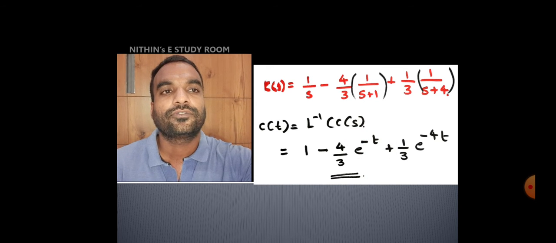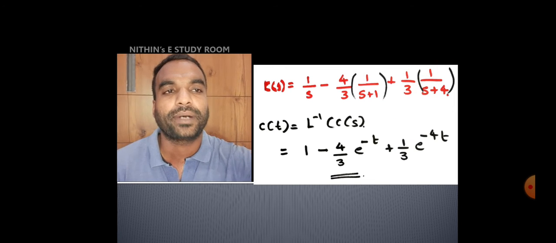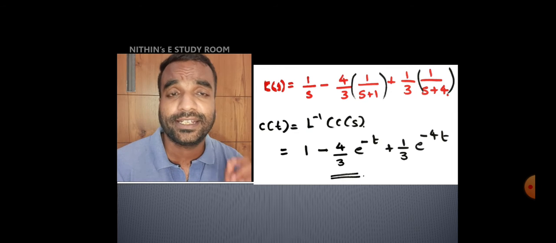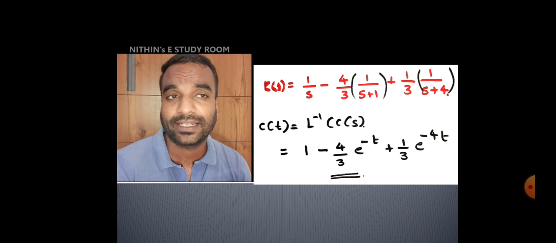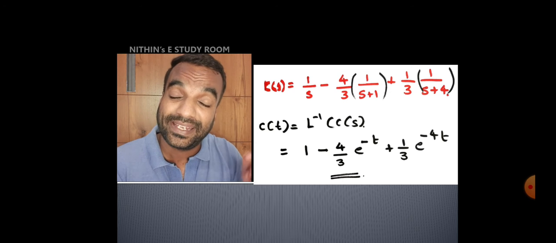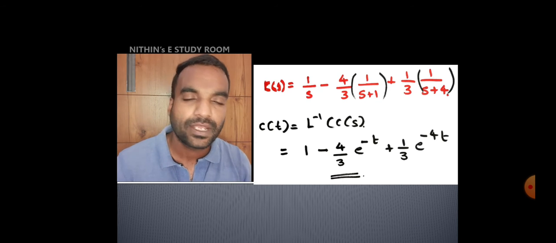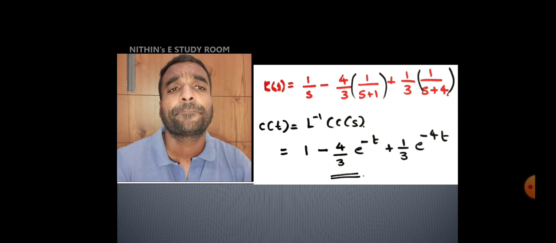And 1 by 3 is kept constant, and the inverse of 1 by s plus 4 is e raised to minus 4t. L inverse of 1 by s plus a is equal to e raised to minus at. L inverse of 1 by s minus a is e raised to at. Please remember.